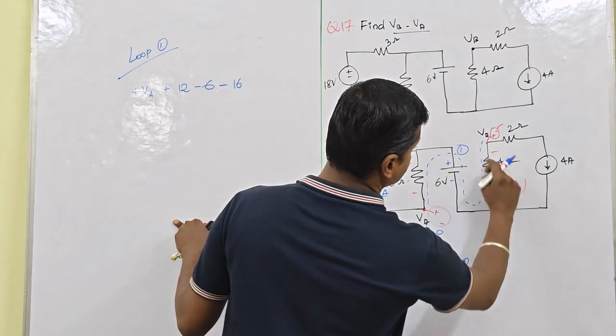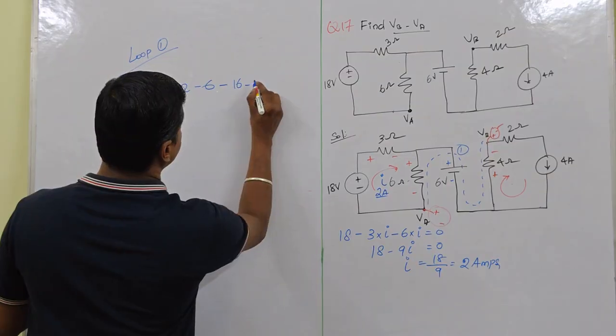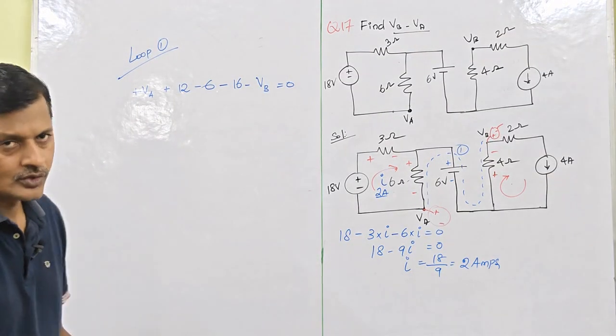Right. So next we go for minus, that will be, the current leaving, minus VB equal to 0. Minus VB is equal to 0.